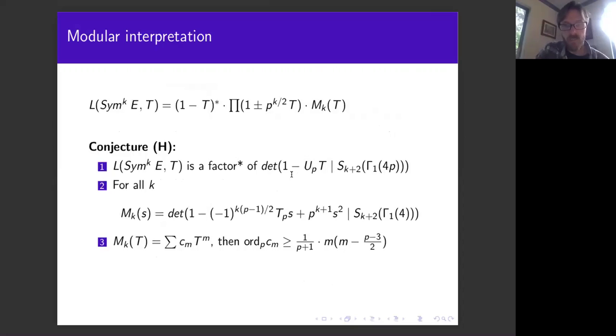So this is a modular interpretation for all k. And also, I gave this to an undergraduate student to help me get a lower bound for this, and with their help, we found, his name was Guowei Shan, we found this should be the conjecture for the lower bound for the Newton polygon.